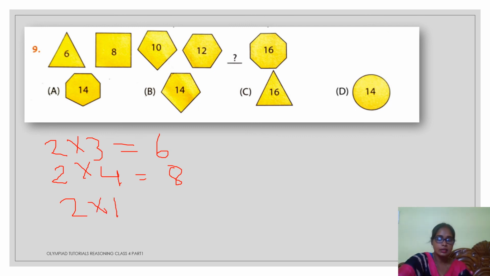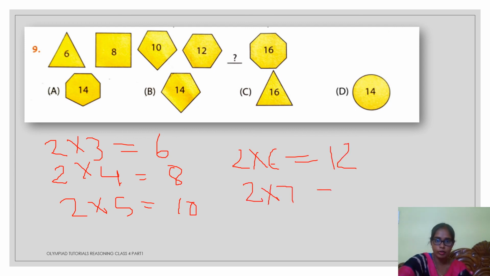Just a mistake, students: you have 2 5s are 10. Then next is 2 6s are 12. Then obviously the next multiple, 2 7s are 14.